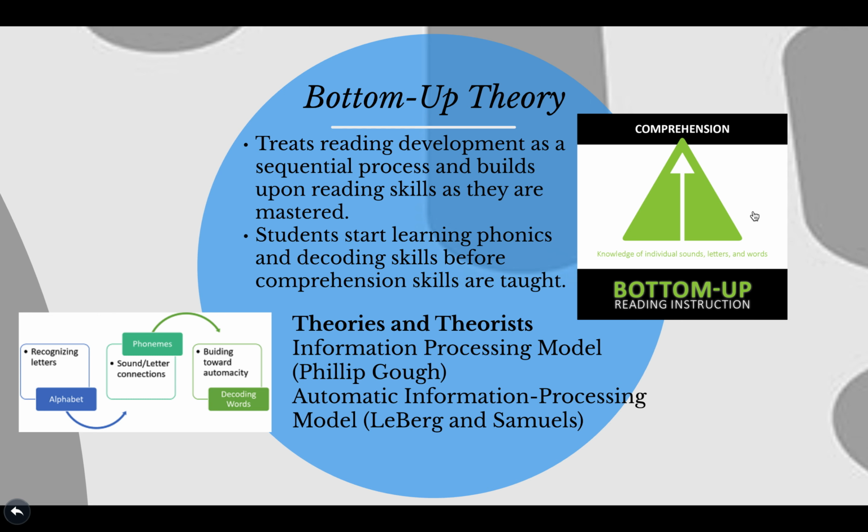Once automaticity is established in reading, which is also known as fluency, the reader can focus on comprehending and understanding the text which they are reading. So as you can see, the bottom-up approach starts by teaching the basics of reading, such as phonics, and building these skills in sequential order, one on top of the other.